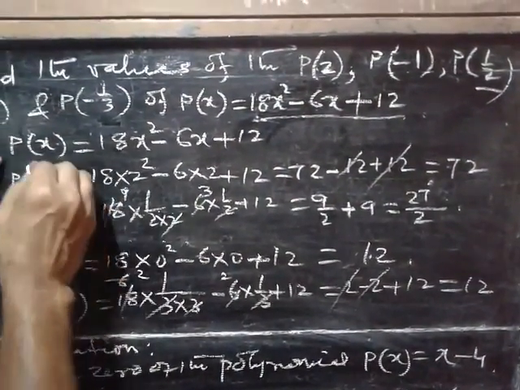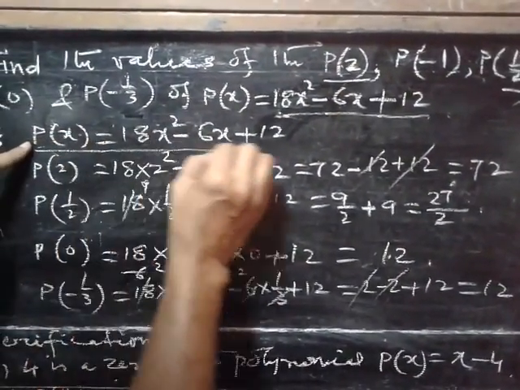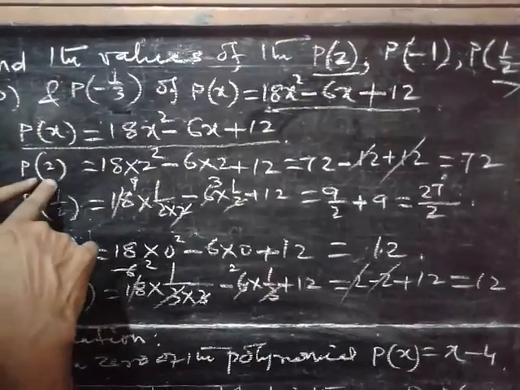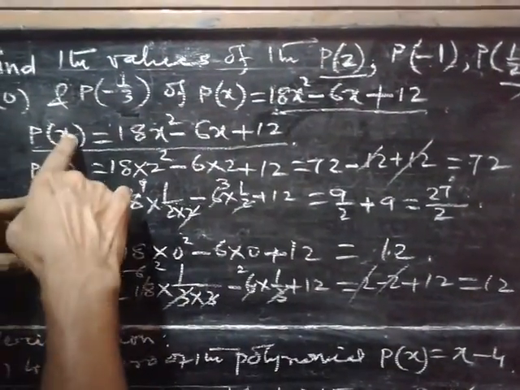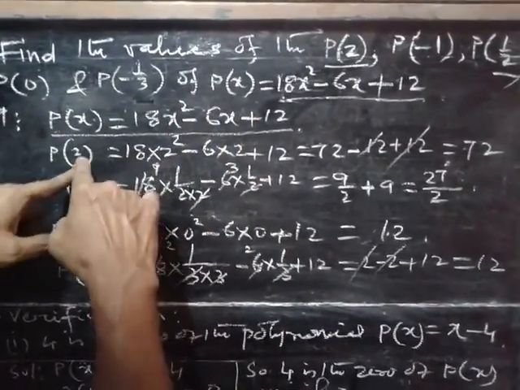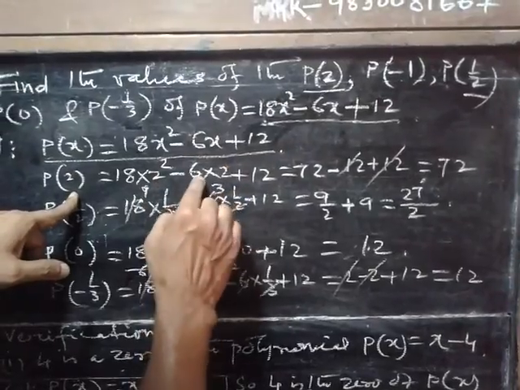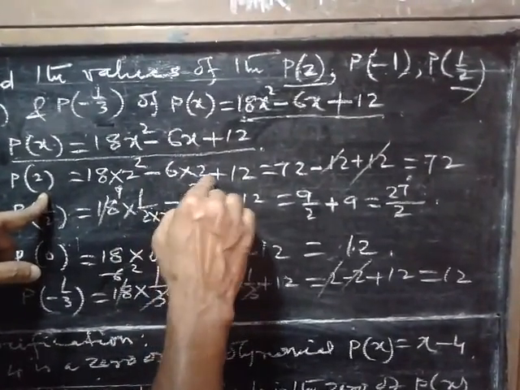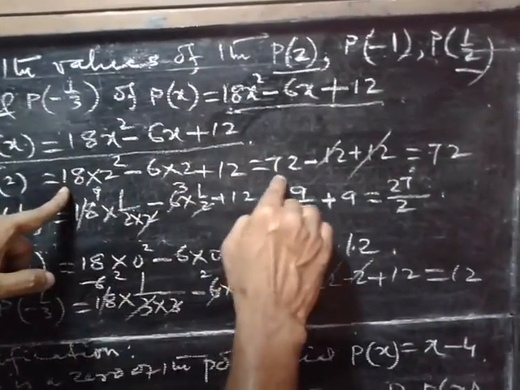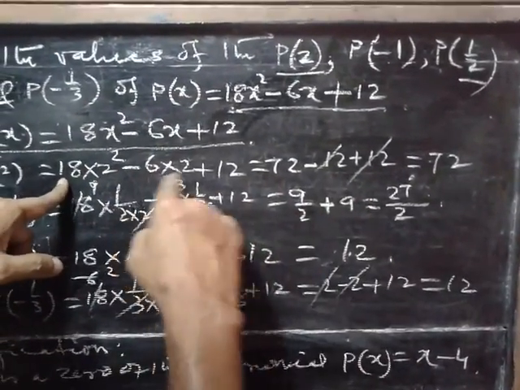See number 1, that is p(2). p(x) is given, then p(2) will be, instead of x you put 2 over here. That is 18 into 2 square minus 6 into 2 plus 12. Just do the calculation. This is 4, 4 times 18 is 72, minus 12 plus 12.